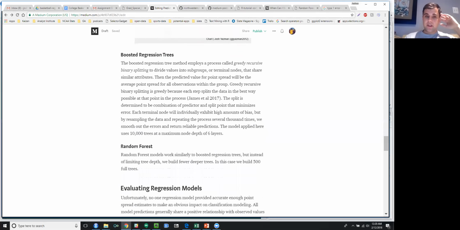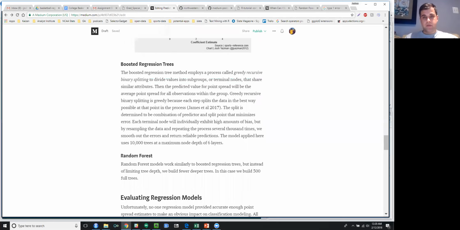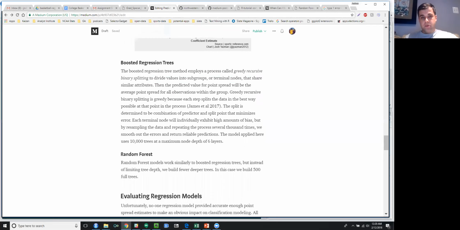And then the last two here that really increased the performance of my regression model to the extent that it was possible are boosted regression trees and random forest. So these are similar in the way they're structured. Boosted regression trees start by dividing the data on the variable and division point that minimizes residual sum of squares, and then iteratively does that as many times as you let it.